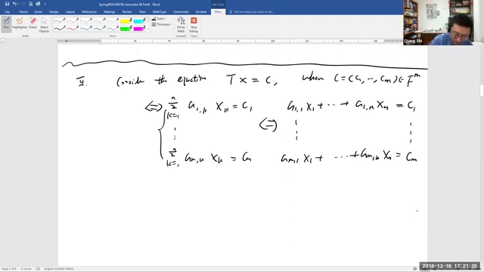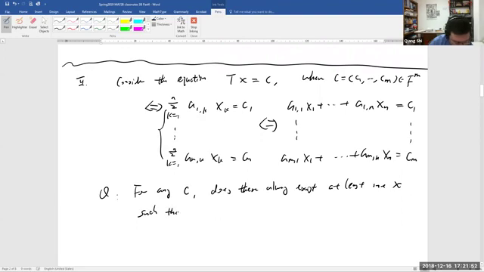So our question for this is, for any c, does there always exist at least one x such that Tx is equal to c?